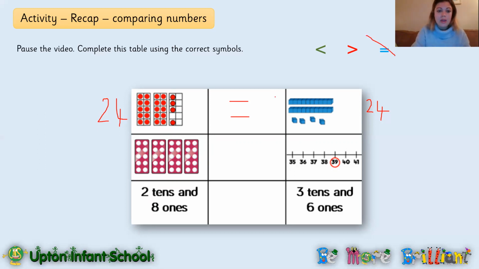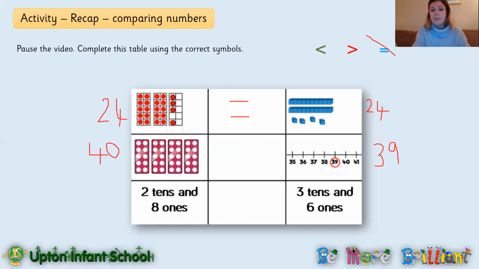Okay, so moving on, we have our Numicon here, and we have 1, 2, 3, 4 groups of 10, and 0 ones. So that's a 40. And on this side, we have our number line, with the number 39 circled.